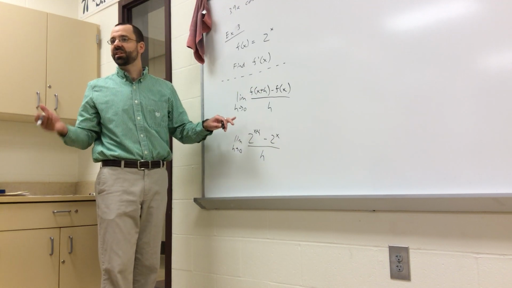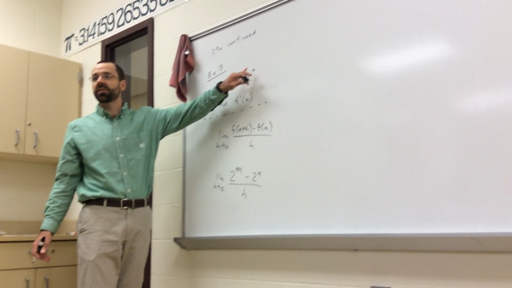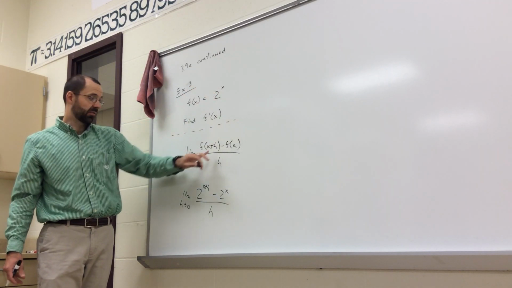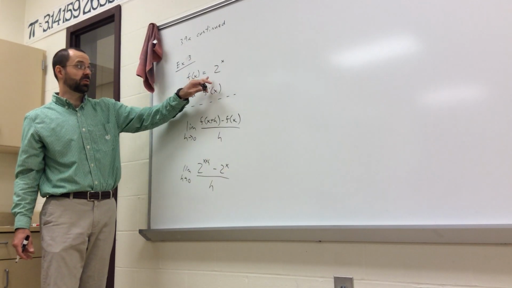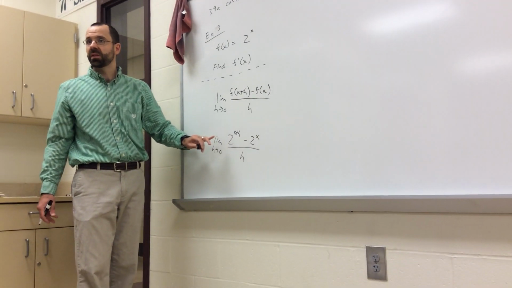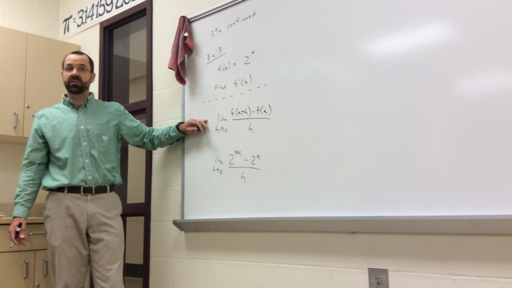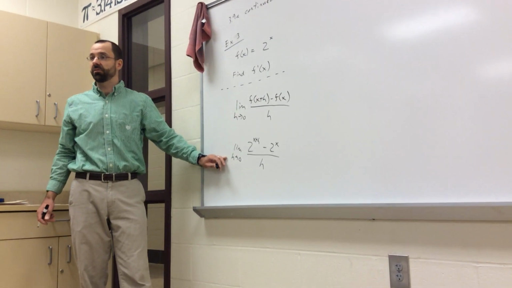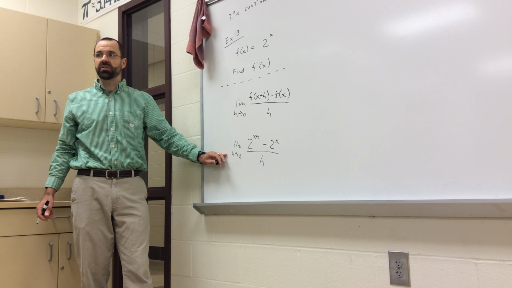If I plug 7 into f, it would be 2 to the 7th. If I plug 58 into f, it's 2 to the 58th. So if I plug x plus h into f, it's 2 to the x plus h. So this is the regular formula for a derivative, and now I'm just applying it to that function that I'm trying to take the derivative of. Everybody okay so far?